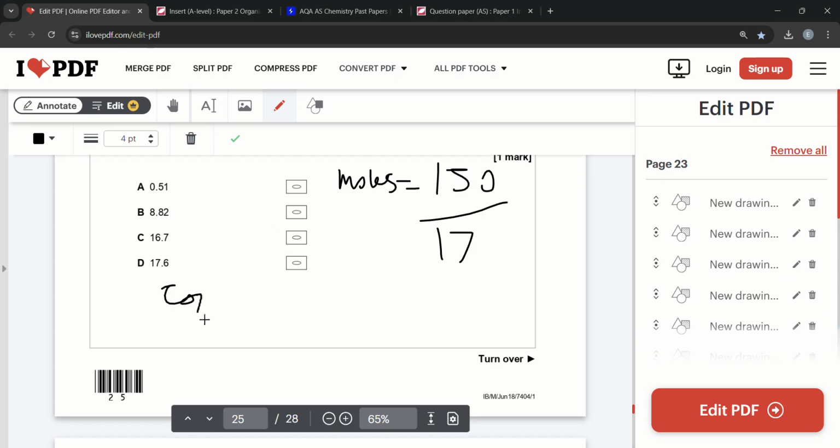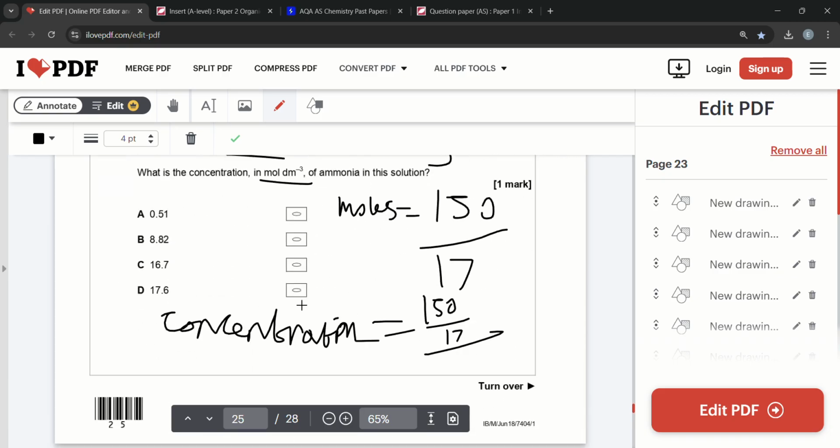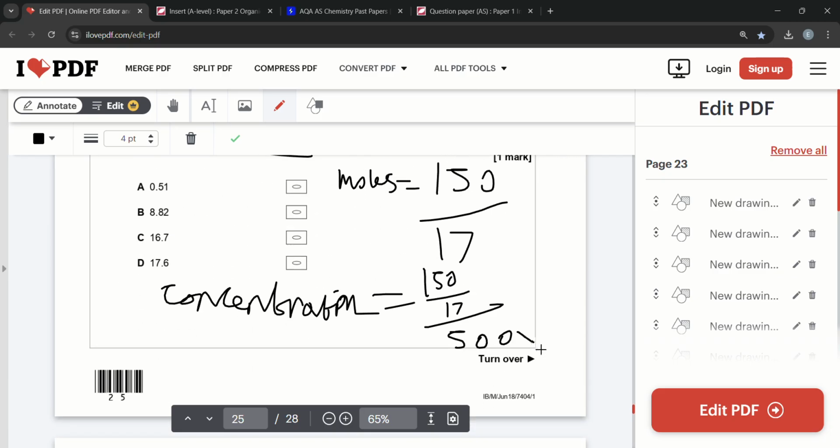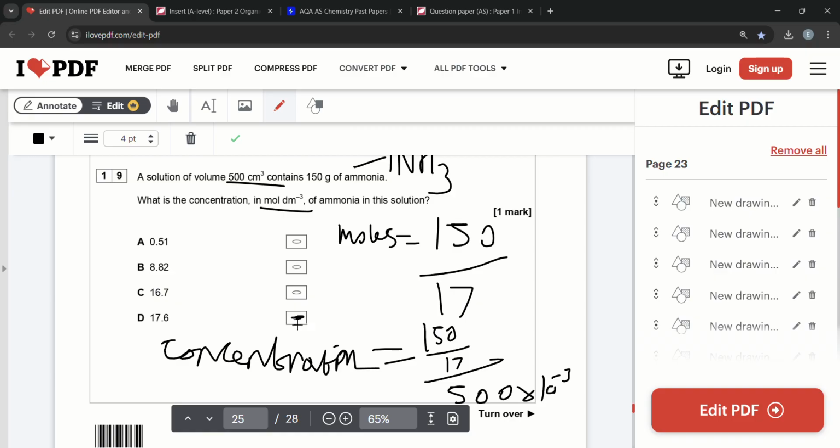Concentration is 150 divided by 17 over 500 times 10 to the power minus 3, in moles per dm cubed. I should get 17.64, 17.6.